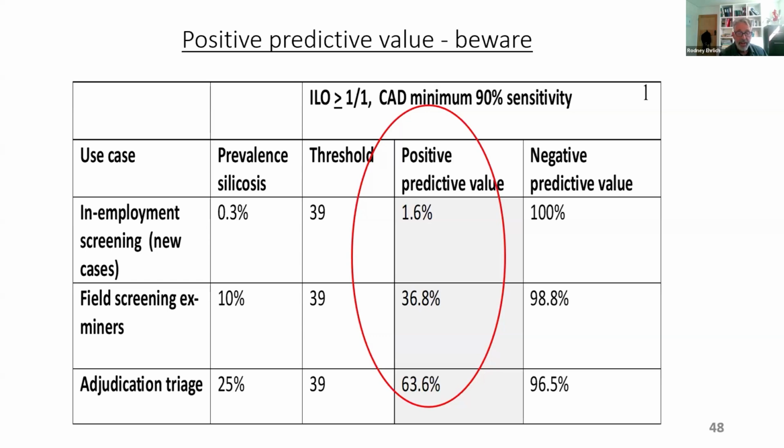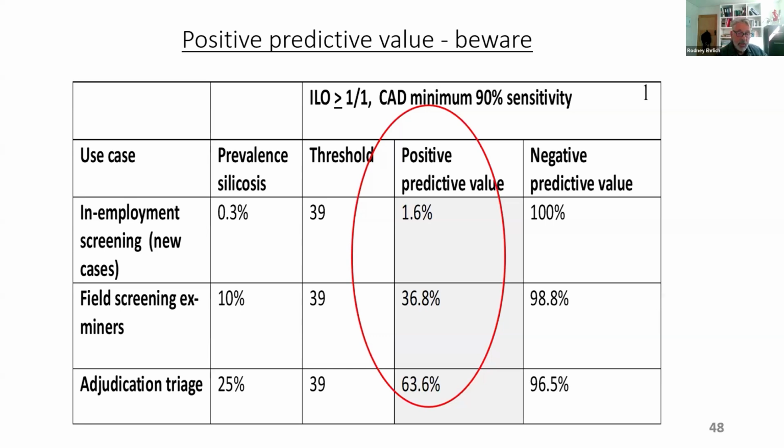So here are three use cases in my own setting. The first was in employment, screening of miners. They're looking for new cases, so not cases that are known. And in fact, given the decline in silicosis and the shrinking of the workforce in South Africa, the proportion of new cases that will be picked up in annual screening is actually very low, 0.3%. A threshold of 39 is imported from a study that we did.